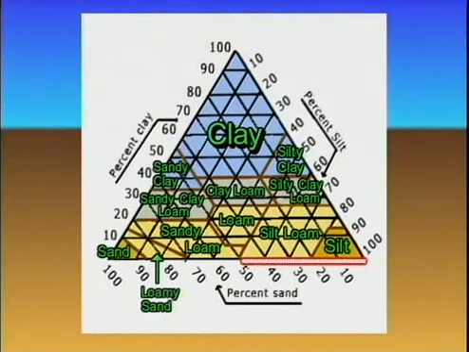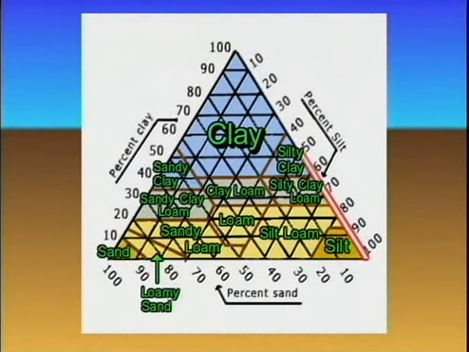Range of silt could be from approximately 50, this line right here, down to and including 100%. So 0 to 50 on sand, 50 to 100% on silt puts it into the silt loam category.